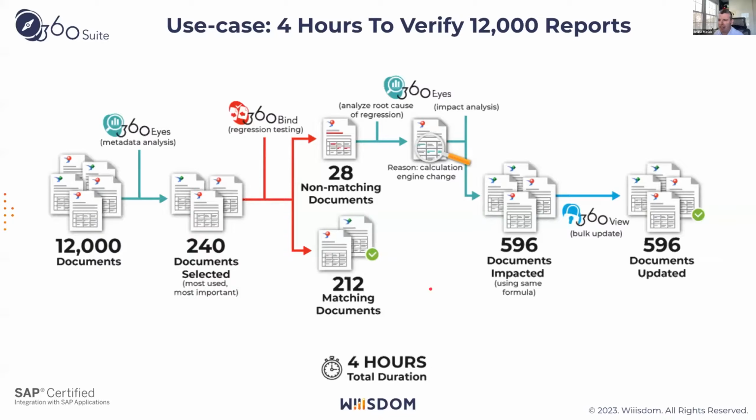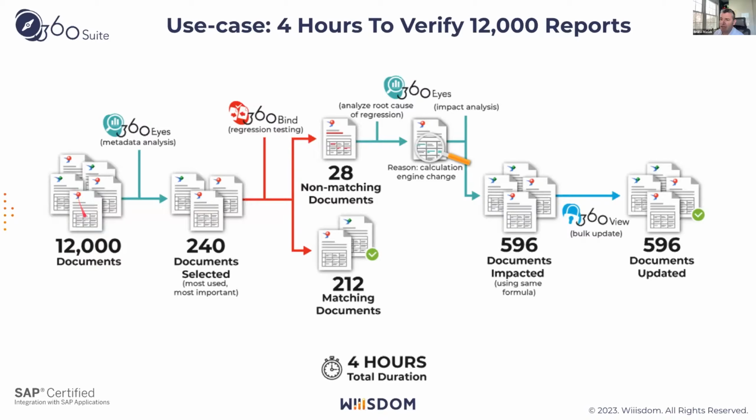On this example, this is from a case that we've done with a customer where he had 12,000 documents. Initially the customer had over 20,000 documents, but he determined that only 12,000 were used.